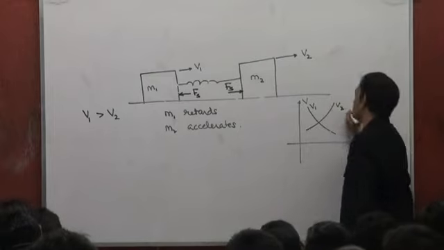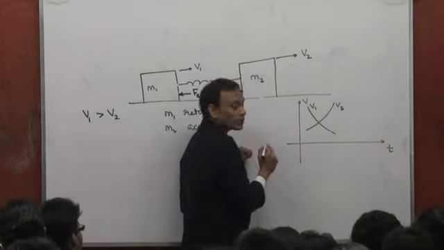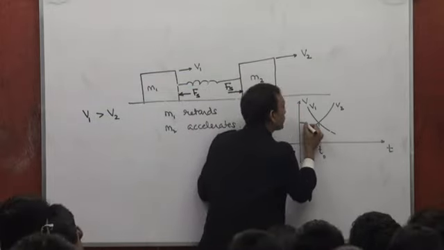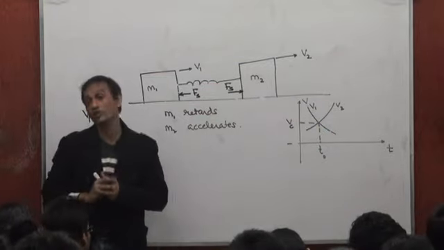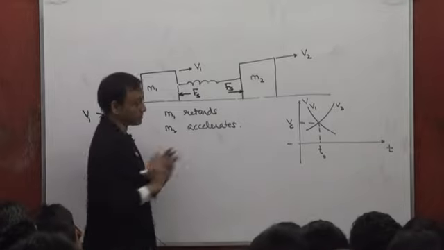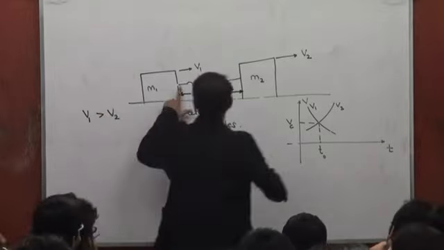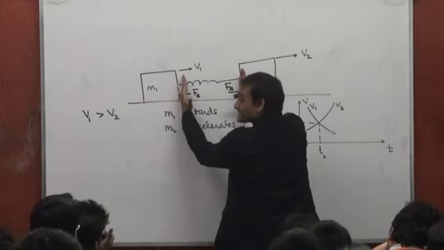This is what happens until some instant of time t equal to t naught, when they acquire a common velocity vc. But until this instant of time t naught, this has a larger velocity than this, and it will keep getting compressed.